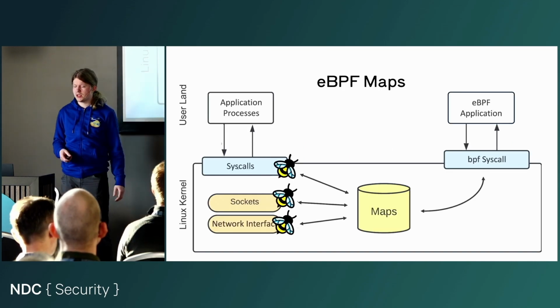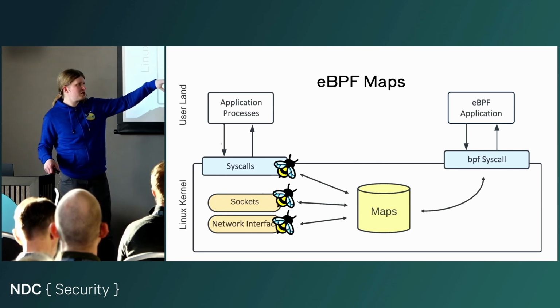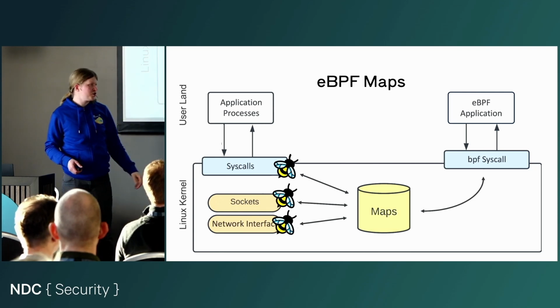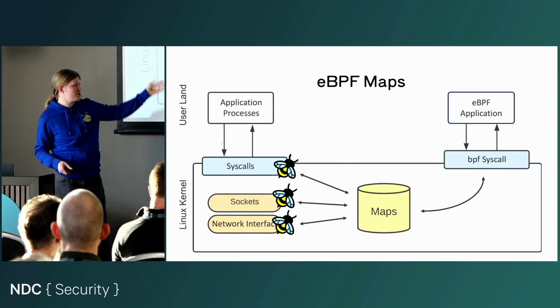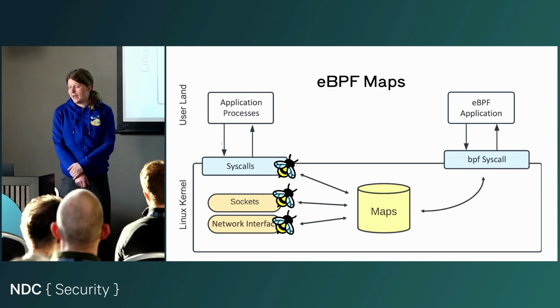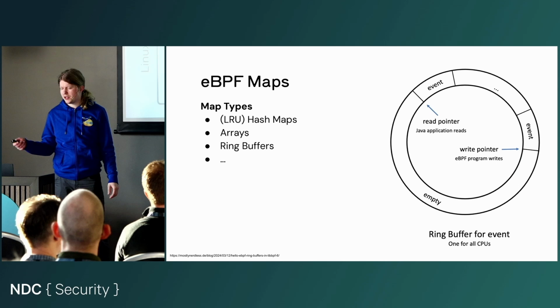How it works is that our eBPF programs, our small snippets, access the maps and load, for example, the IP addresses that should be dropped, and also we can get the data out to our userland application.